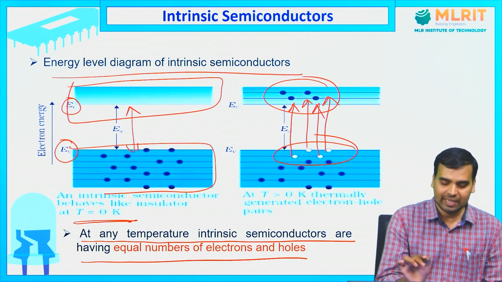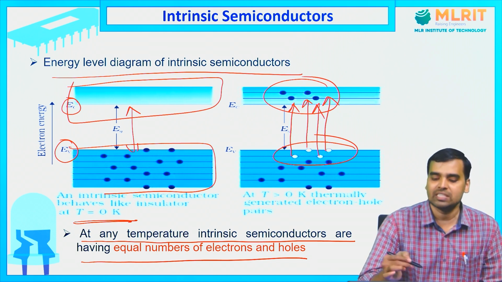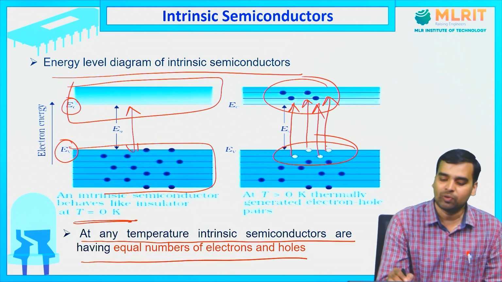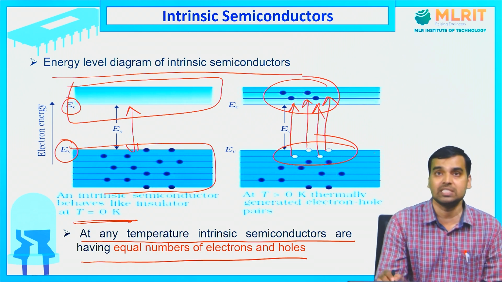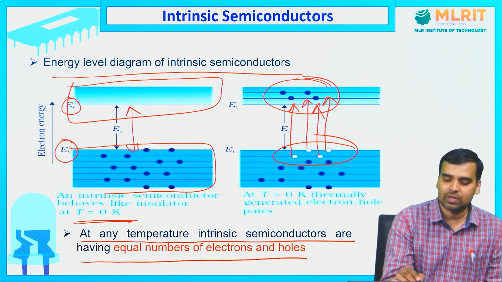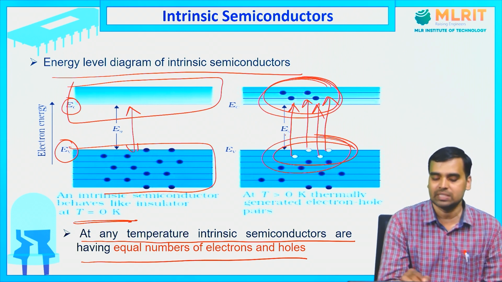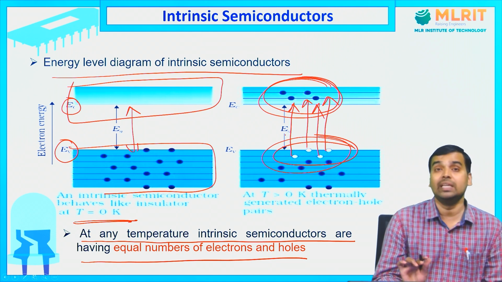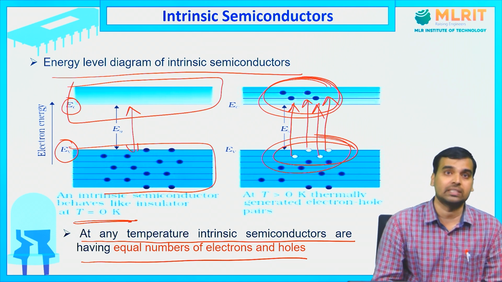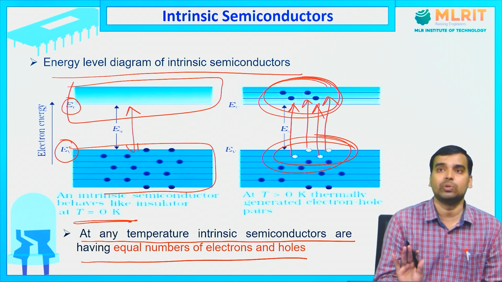In case of intrinsic semiconductor, at any temperature, however many electrons are excited from valency band to conduction band, the same number of holes are created in valency band. That's why in case of intrinsic semiconductors, equal numbers of free electrons and free holes exist.